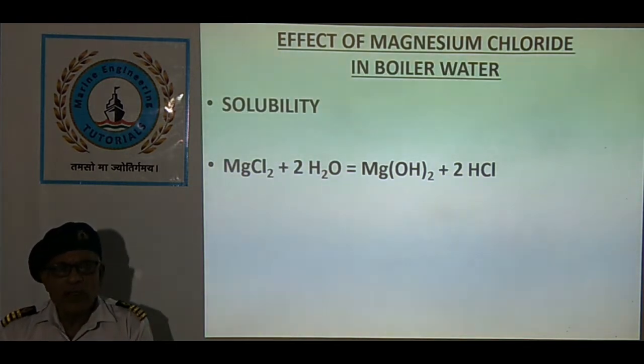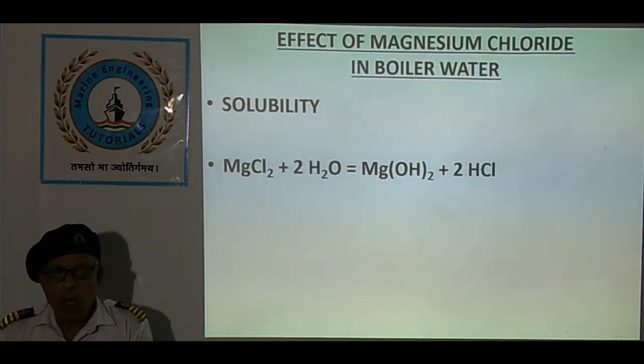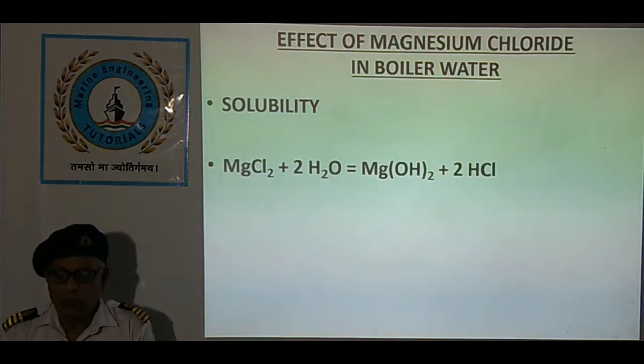Magnesium hydroxide provides alkalinity. It has low solubility, thus it can deposit and form scale. However, with suitable treatment, it can be precipitated and removed by blowdown.